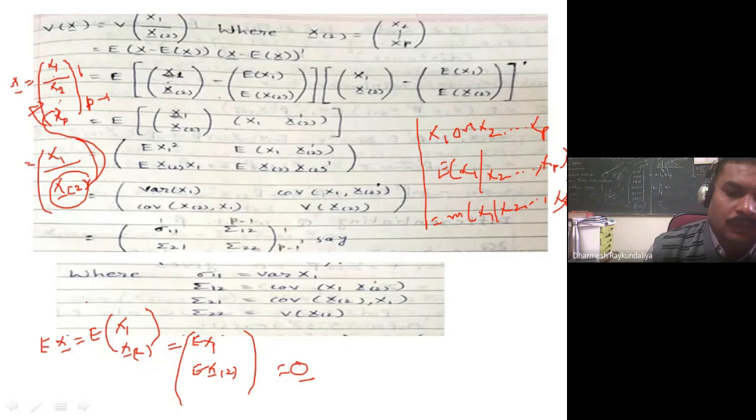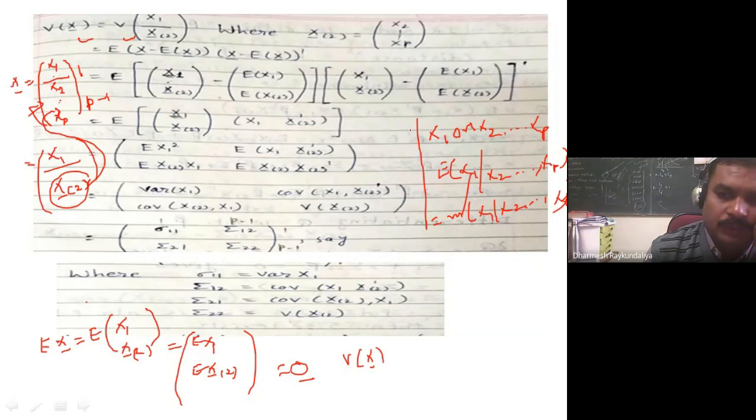And if you wish to find out the variance, what happens to the variance? Variance of x is equal to variance of x1, x2. And how will you find out the variance?